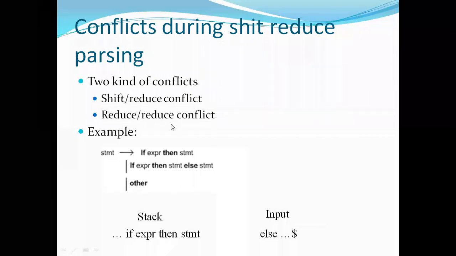First, what is the shift reduce conflict and what is the reduce conflict? We will explain one example for each, showing how these conflicts occur while solving a particular shift reduce parsing.